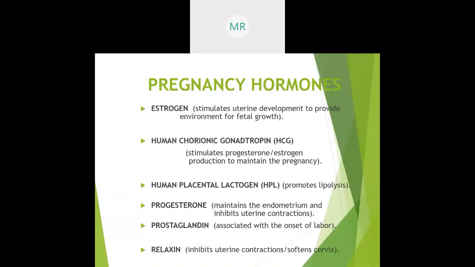It breaks down fats from the mother to provide fuel for this growing fetus. HPL is also an insulin antagonist, so it inhibits the release of insulin. Another thing I can say about HPL, human placental lactogen, is that it decreases the maternal metabolism of glucose to allow for more fetal growth.